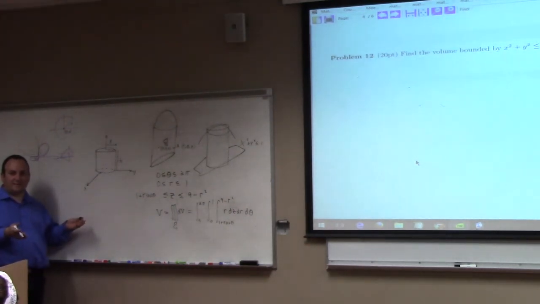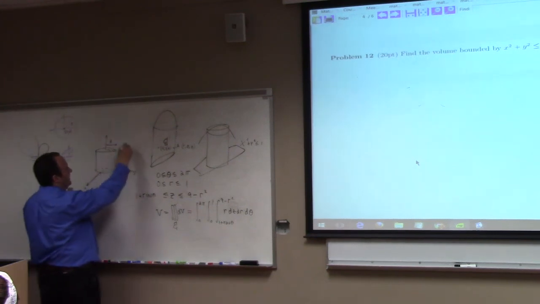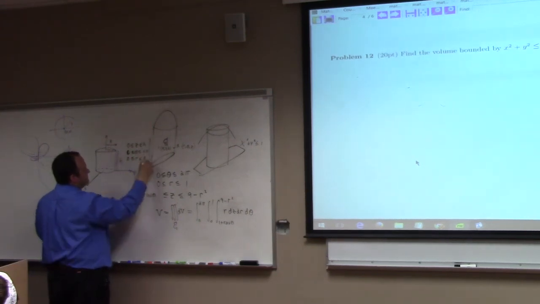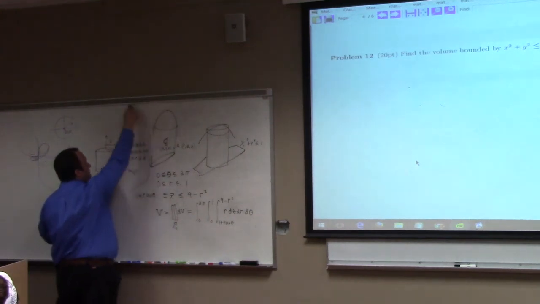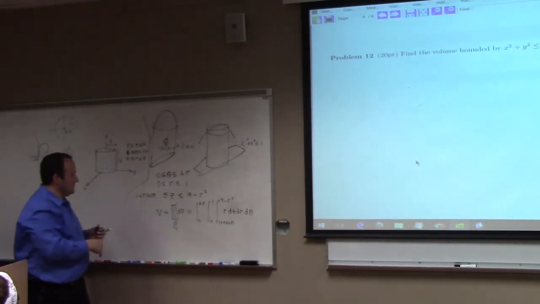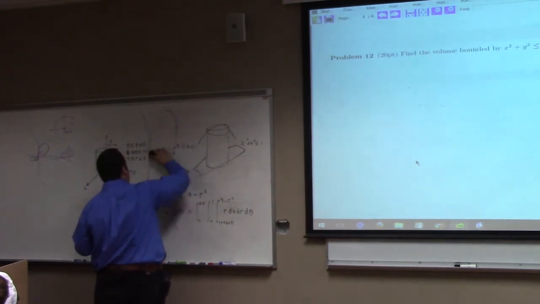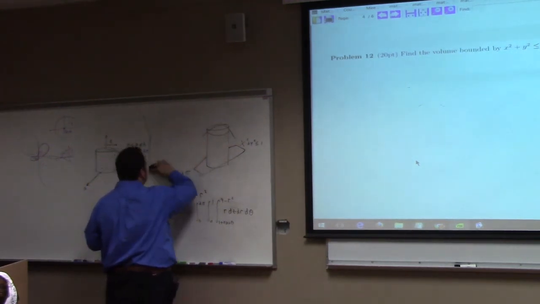Not a big deal, right? In cylindrical coordinates, what do you got? You got 0 less than or equal to z less than or equal to h. Your theta goes all the way around. And how about r? So in terms of cylindrical coordinates, it's shockingly easy to describe a cylinder.